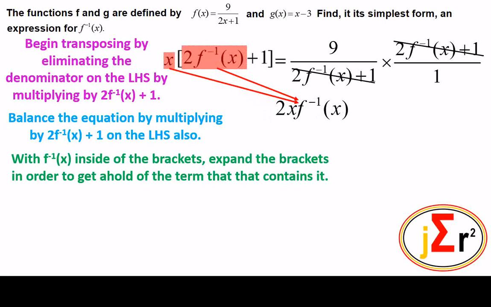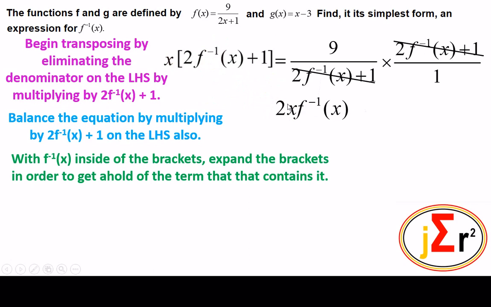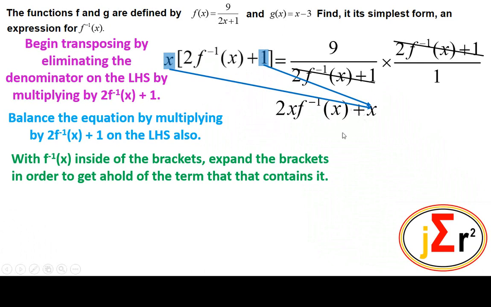By expansion, we can see here the animation demonstrating what is to be done. x will multiply by 2 f inverse x, so we will have 2x f inverse x as the result. And the other part of it is quite simple, where we will multiply x by just 1, and that will give us x.